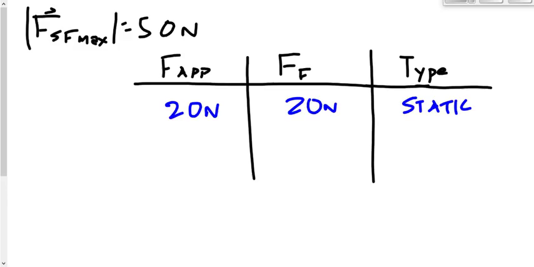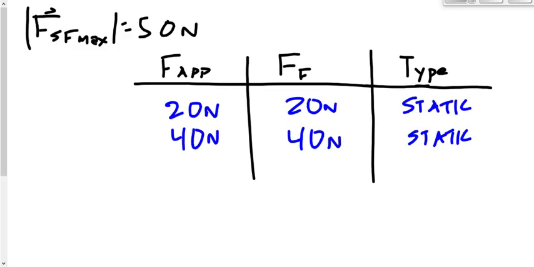What if I push with 40 newtons? Stubborn static. What does friction do? Pushes with 40 newtons. It pushes as hard as I do until it reaches a maximum value. It doesn't move, does it? Because the force is balanced.